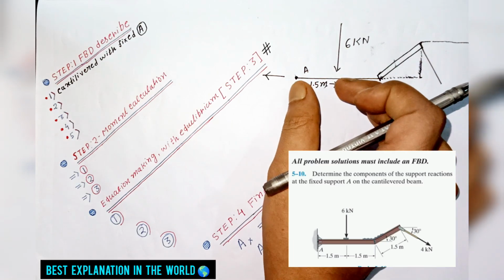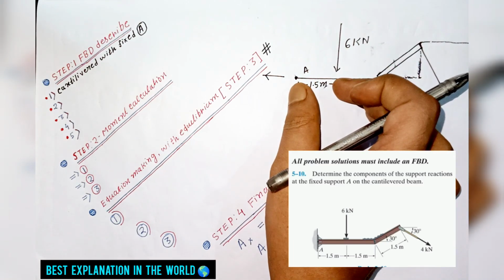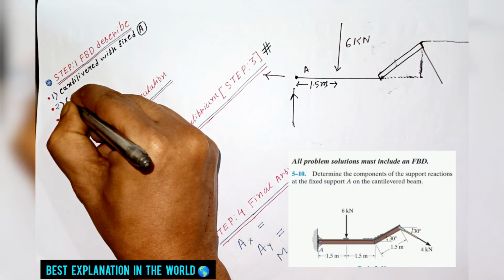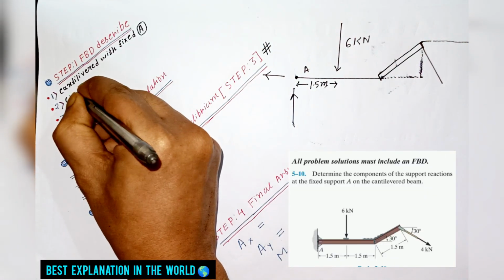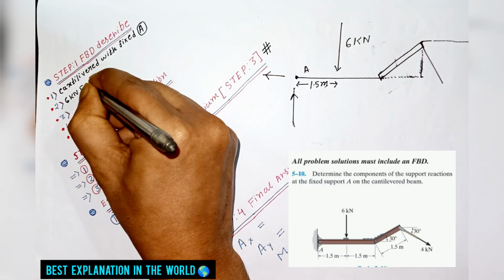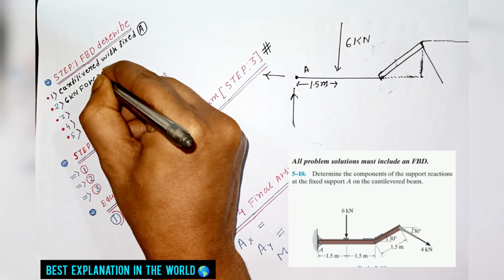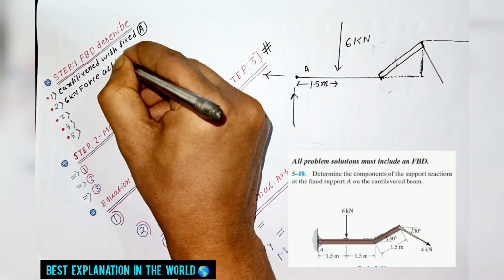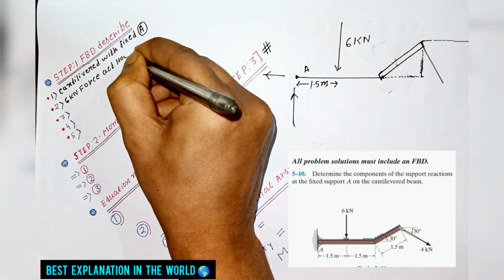Then we can write it as point number 2 in the section of FBD description step 1: 6 kN force acts on the right side, in the positive x direction, at 1.5 meter. I think you understood what I am saying to you.